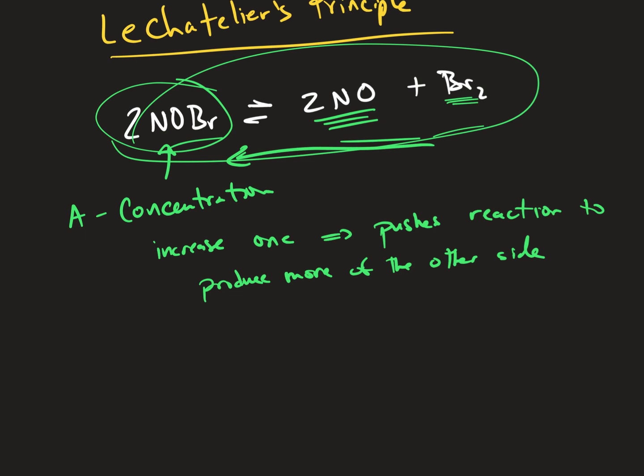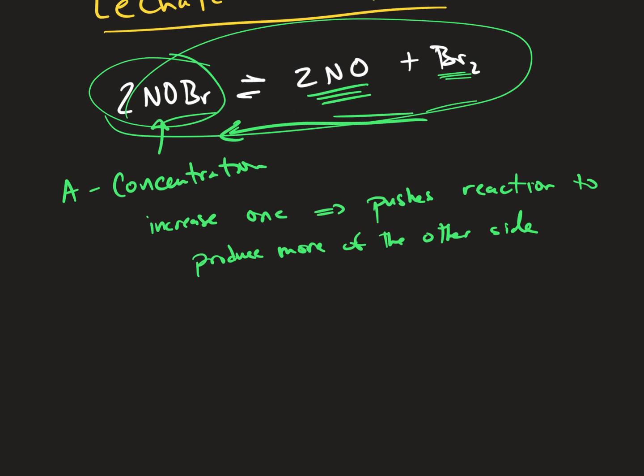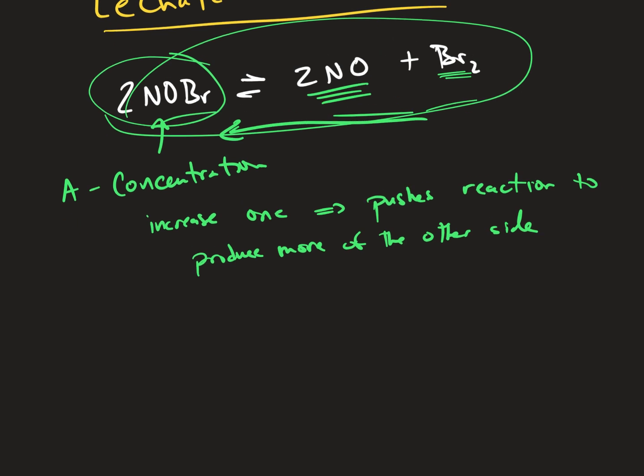Good? And we'll go through some more examples here on our worksheet. And I think if we just talk about this, it might click better. Okay? All right. So again, if you have more particles, they're going to collide more and make more of the other part, right? Okay, the next part is if we increase pressure on one part or the other.